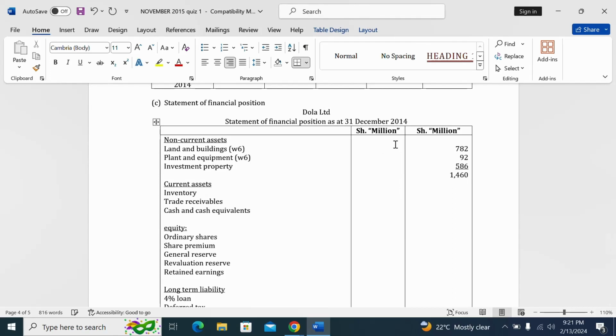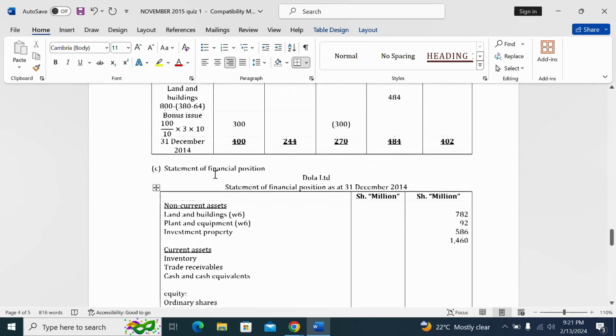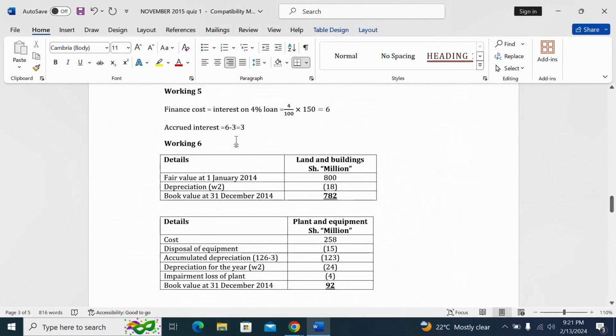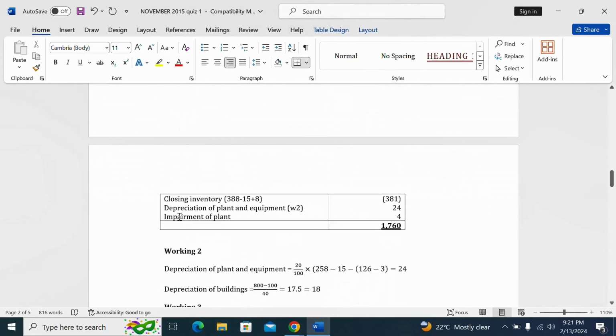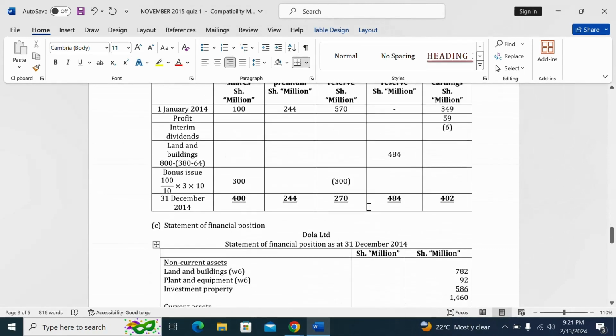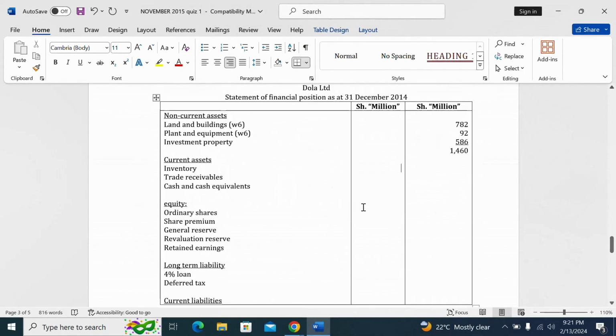Then we go to the current assets. We start with the inventory. We had done our working. The closing inventory is 381 million.